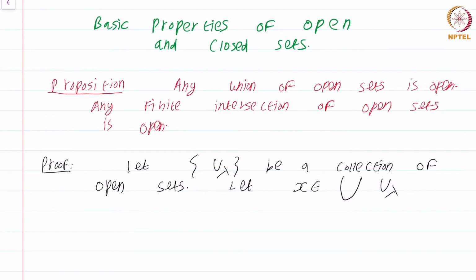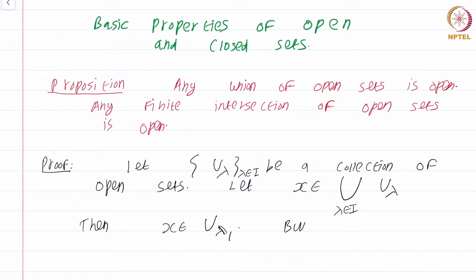It's indexed by lambda. It could be countable, uncountable, I don't really care. So let me just be precise, write lambda coming from some indexing set I. So let X be an element of the union of u lambda. Then X belongs to some u lambda 1, right? Because it's there in the union.